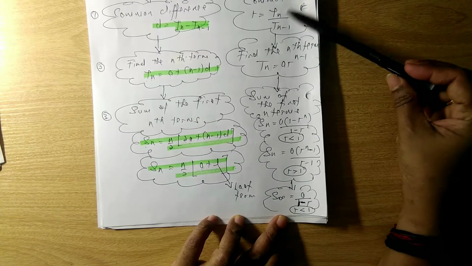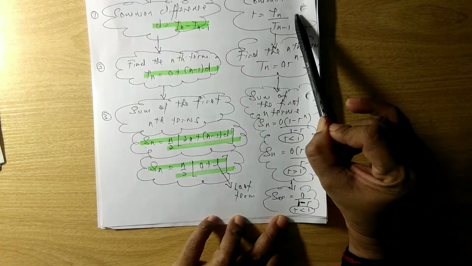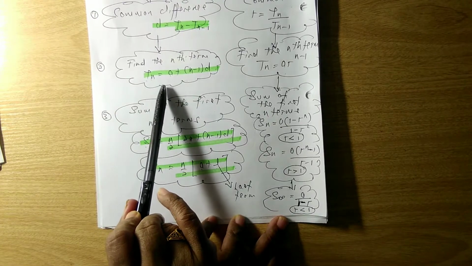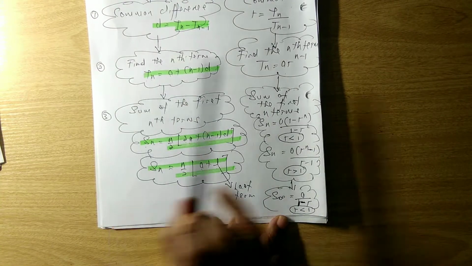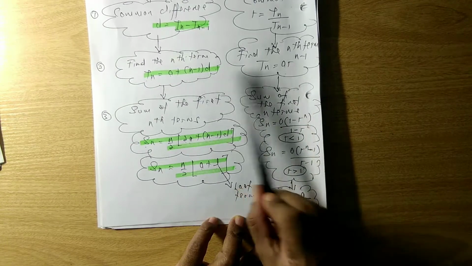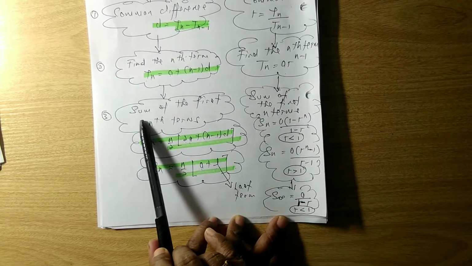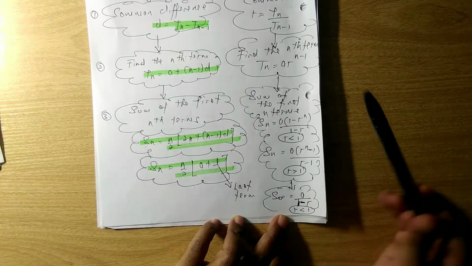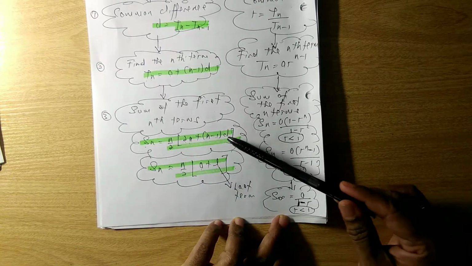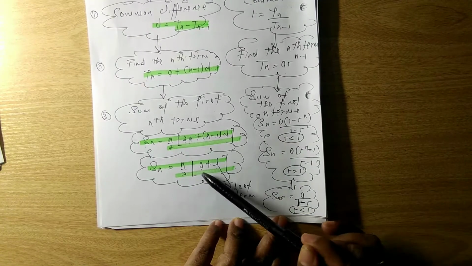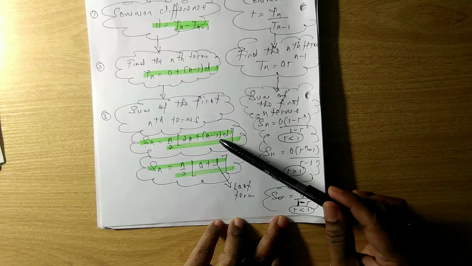So the first one is the same: common difference, common ratio. Here to find the nth term, this is for AP, this is for GP. So we notice the formula is just slightly different. This is to find the sum of the first n terms. This formula is for your AP. There's only one, this one. When you know your first and your last, we can simplify this formula to this.